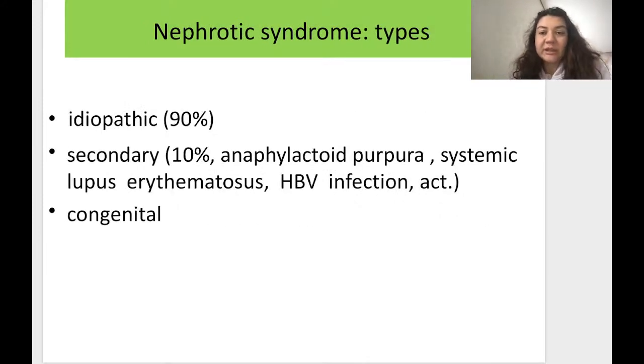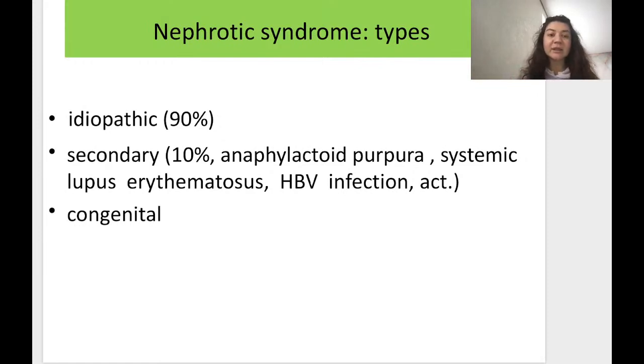Types of nephrotic syndrome. In most cases, nearly 90%, it is idiopathic. Hope you remember what idiopathic is. It is when we don't know the exact cause. We can't find any exact cause. We can just imagine the risk factors, maybe some etiological factors that can lead to it, but we don't have a direct connection between cause and syndrome.